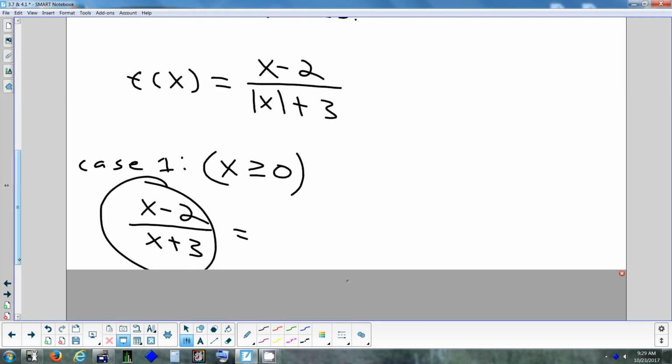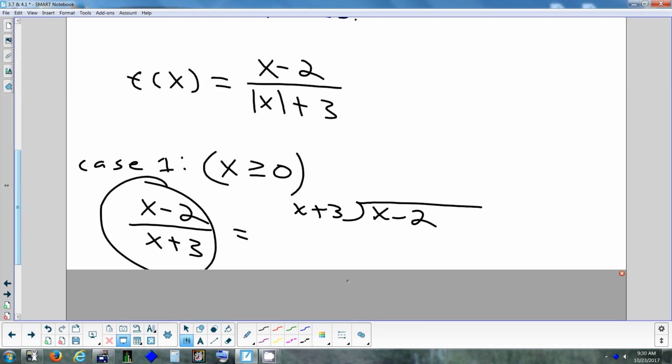So, in order to rewrite it, let's do out that long division. We could do synthetic, but really it's not a very long division problem. All right, so x plus 3 divided into x minus 2.